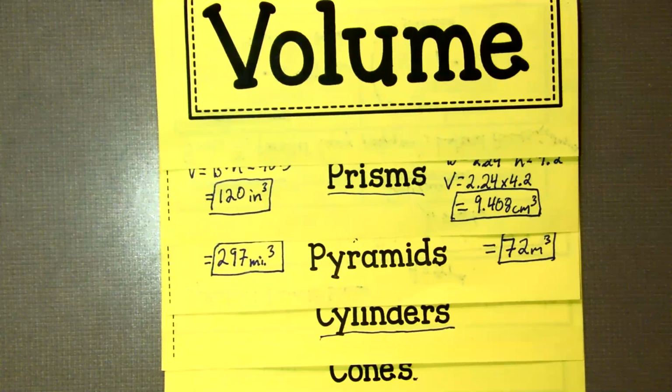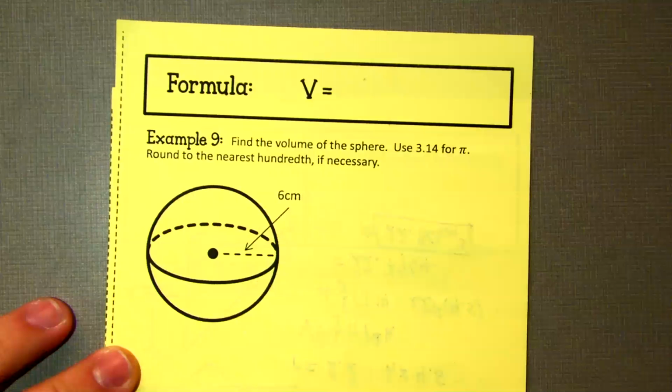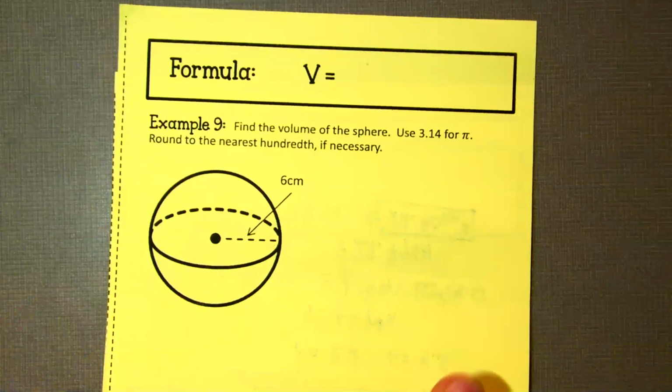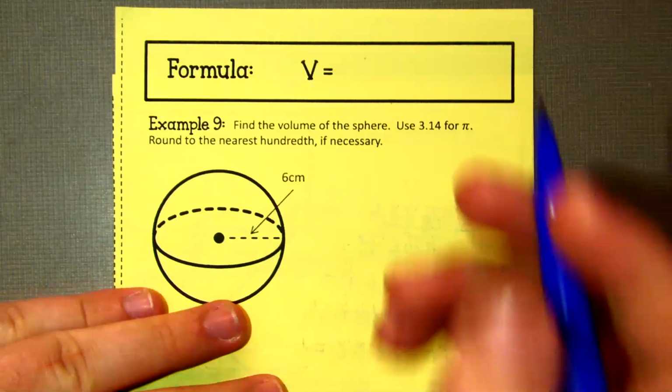We only have 2 examples to work today, and then I'm setting you loose for work time. So if I can have you open up your foldable to our last tab here, we have our sphere examples. In the top, we want to fill in our formula.